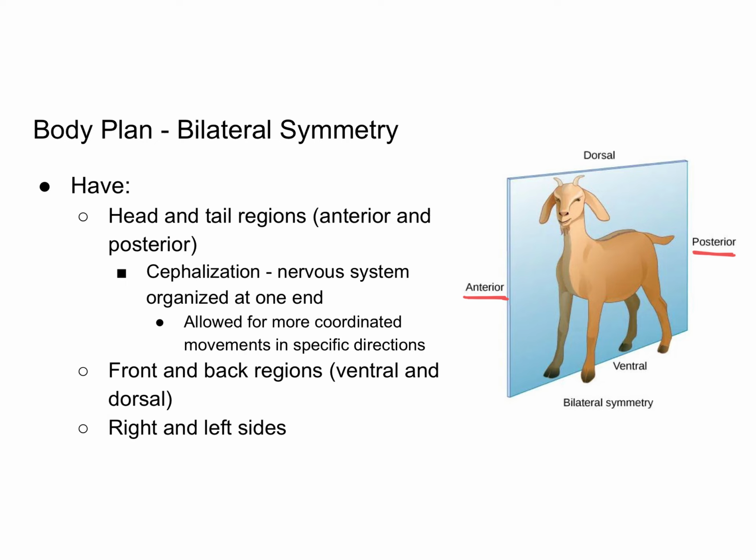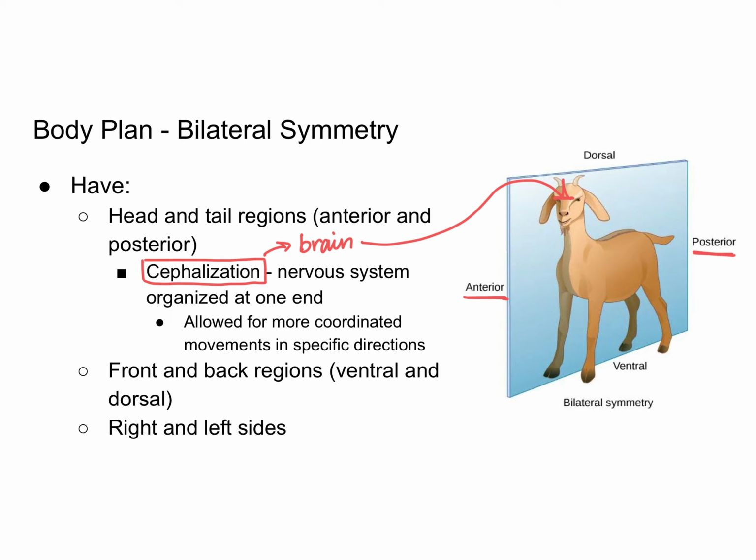This allows for something called cephalization, where the nervous system is organized at one end. Essentially, this allows us to have a brain where the nervous system is concentrated in this brain region. Cephalic means head, so this brain is in the head of the bilateral organism.